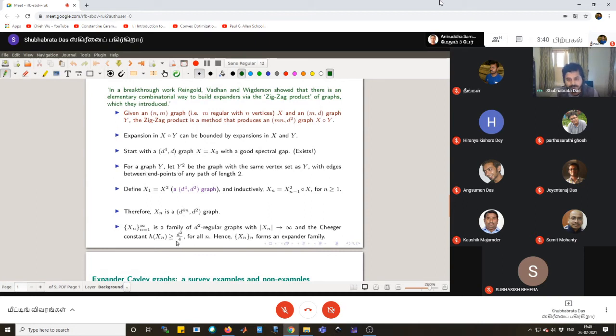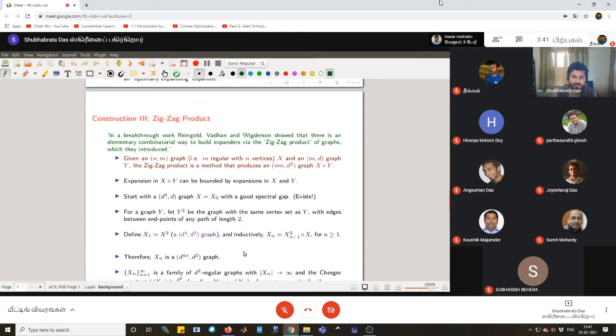This x naught is a d-regular graph of size d to the 4 with expansion constant half. With that, the Cheeger constant is bounded below by d squared by 4 for all n, and that's how it gives rise to an expander family.